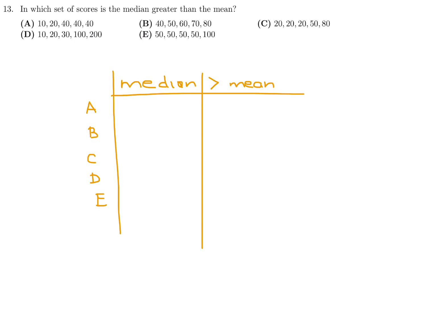So for A, the median is 40, and the mean is going to be, obviously, add them all up, so that's 10 plus 20 plus 40 plus 40 plus 40. And we have to divide all that by 5, since there's 5 numbers. And when you do, you get a value of 30. Well, 40 is indeed greater than 30, so there you go. That's good. I don't have to do any more calculations. So number 13, the answer is A.